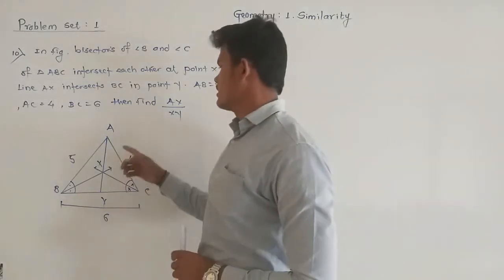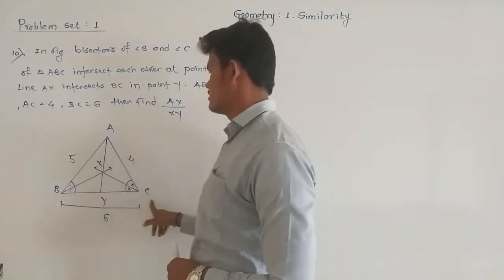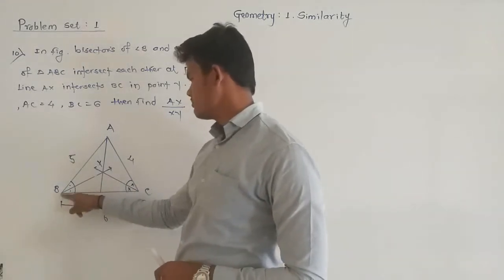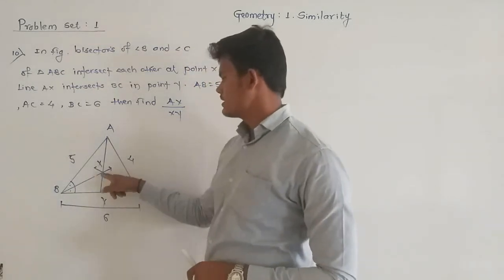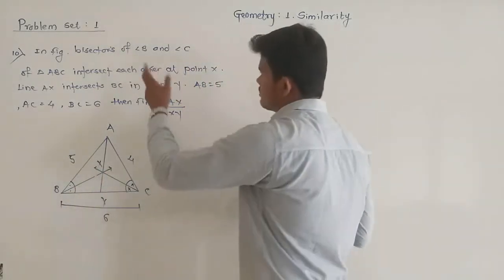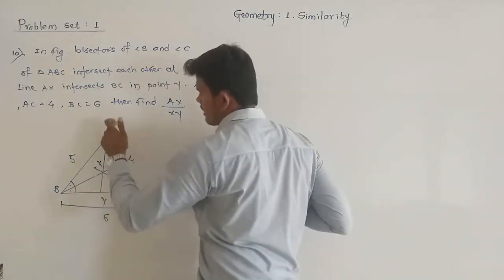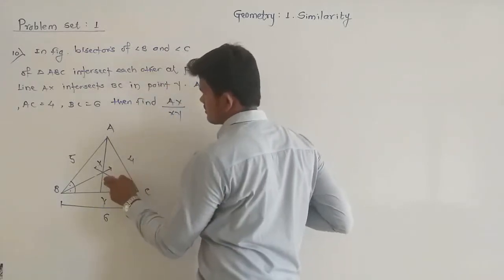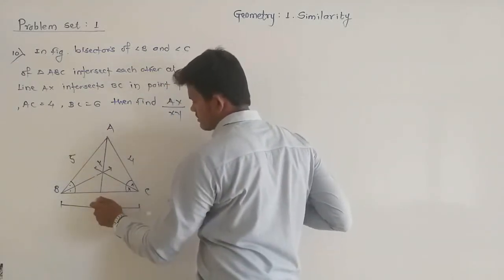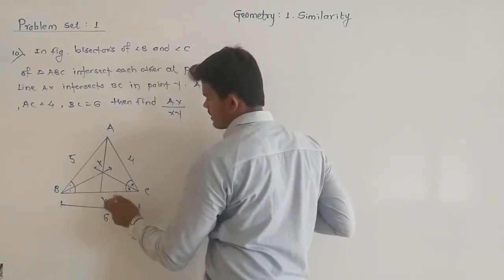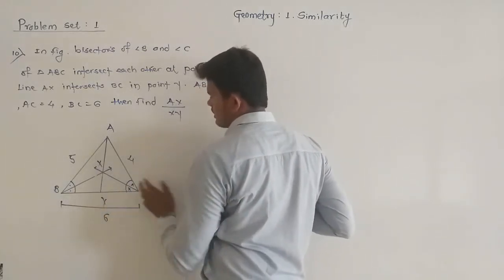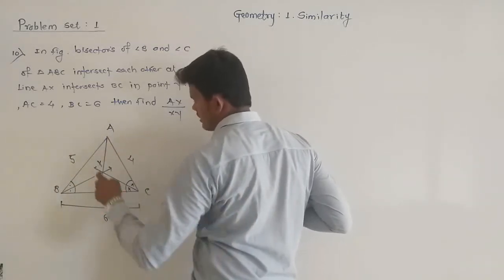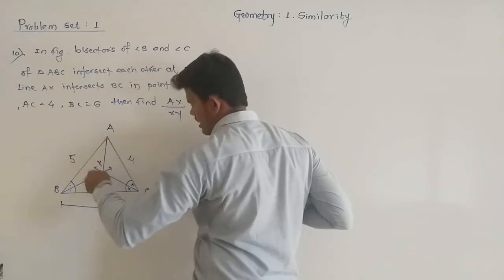In the figure, ray BX and ray CX are the bisectors of angle B and angle C, and both intersect each other at point X. So the bisectors of angle B and angle C of triangle ABC intersect each other at point X. Also, line AX intersects the segment BC at point Y. The length of AB is 5, AC is 4, BC is 6. Then find the ratio AX upon XY.